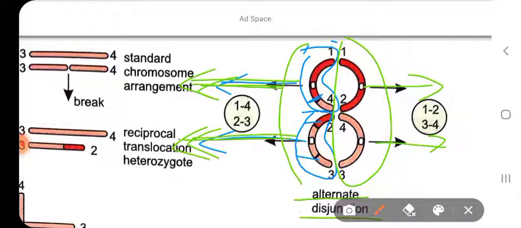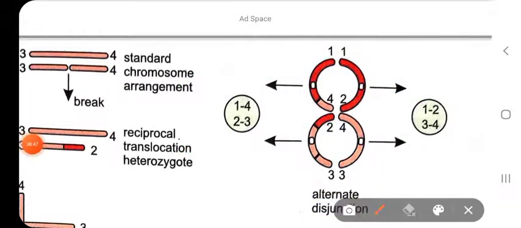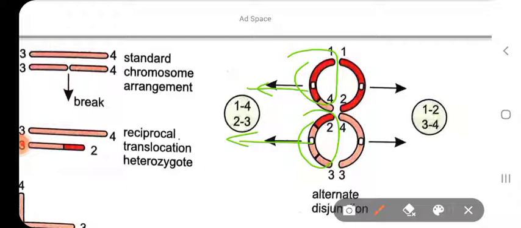The only problem will be that in the gamete receiving the translocated chromosome, the expression of the genes may be hampered because of position effect, because the position of the gene is changed. Suppose the gene is placed in a heterochromatin region, then expression of the gene will be silenced, it will be inactive.